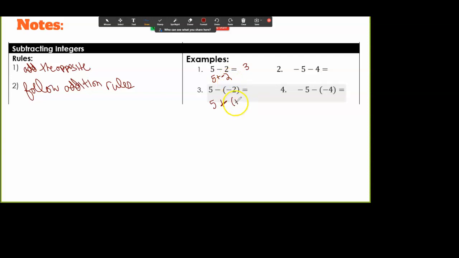In another example, I'm going to add the opposite. My subtraction becomes addition, and then I change the sign of my 4. I follow the addition rules: I add them, and since they're the same sign, I keep the negative. For the other one, they're different, so I subtract and keep the sign of the bigger. If you think of it a different way, or on a number line, that's fine too.